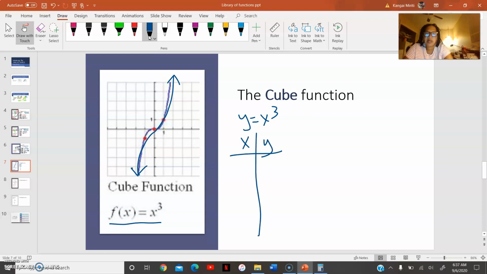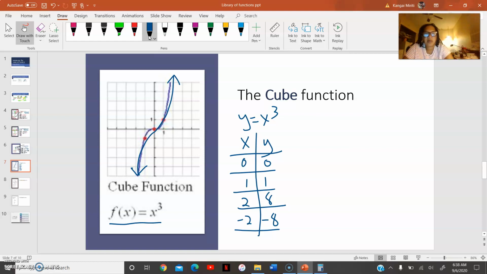What kind of points do we get? We put 0 in. 0 to the third power is 0. 1 to the third power is 1. 2 to the third power is 8. Negative 2 to the third power is negative 8. And then all of these points are somewhere on this graph.